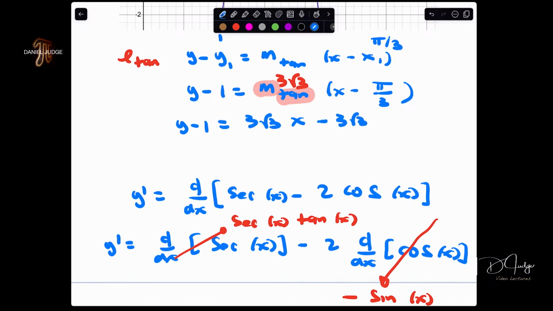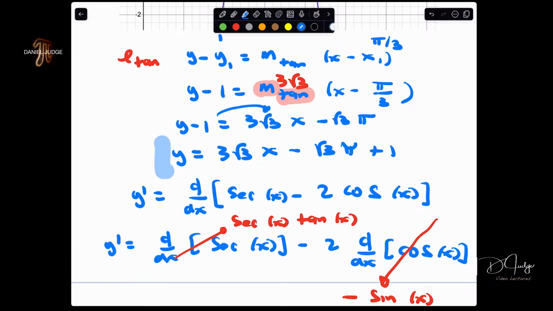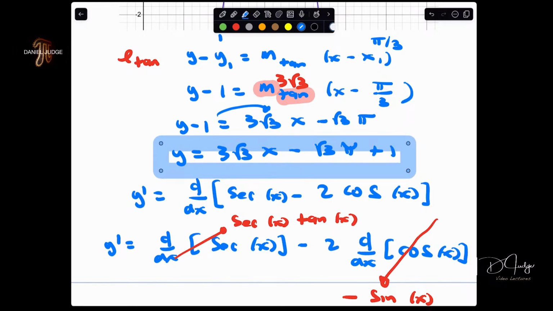If I put 3 square root of 3 pi over 3, the 3's cancel. Okay? So I want you guys to see that, and I'm just going to put minus the square root of 3 pi. And then don't forget to add 1 to both sides, or translate. Move the 1 over here. 3 square root of 3x minus the square root of 3 pi plus 1. This is my L tangent. Okay. You guys can see that there.